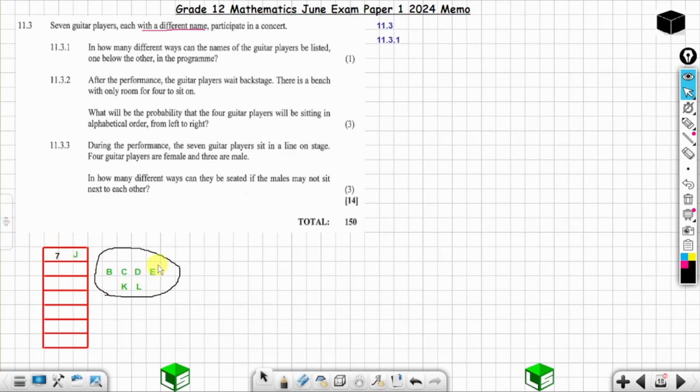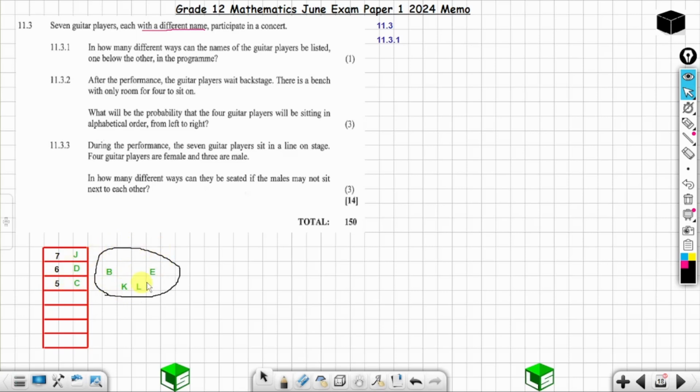Now I'm left with 6 players to put on the second place. I've got 6 options to choose from, so I can choose D, for example. Now in the third place, I've got 5 options to choose from. I can put C in the third place.